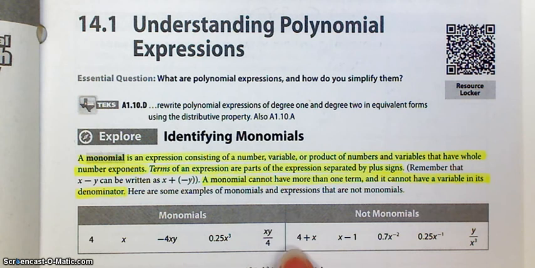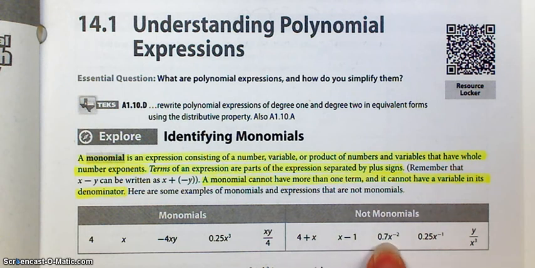All right, let's talk about why these do not qualify as monomials. This does not qualify because it has more than one term. Remember, a term can be separated by a plus or frankly a minus sign. Okay, so we have a term and another term. So that's not a monomial because there are two terms. Here, this is not a monomial either because again, you have two terms.